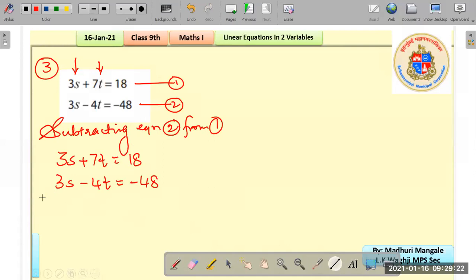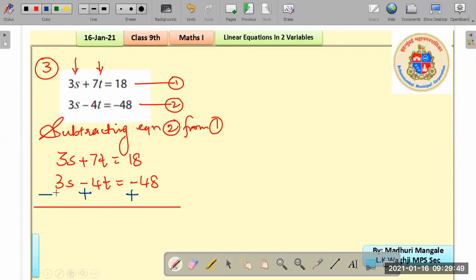Now whenever we subtract, always be extra careful, because when subtracting we have to change the signs of this bottom row. You have to change signs. So this plus 3s becomes negative 3s, and minus 4t will become a positive 4t, and minus 48 will also become positive. Okay, what will be the next step?